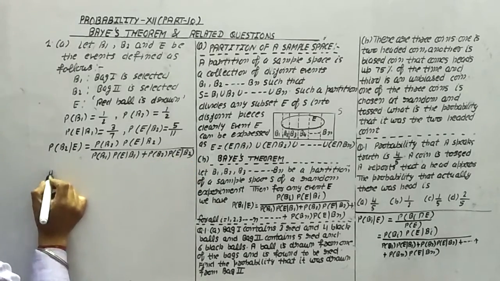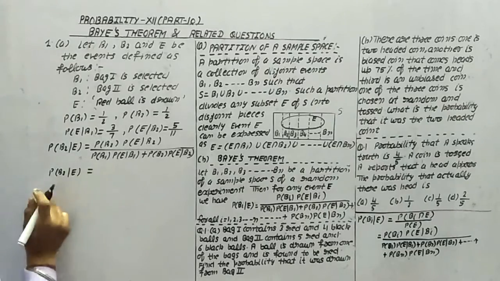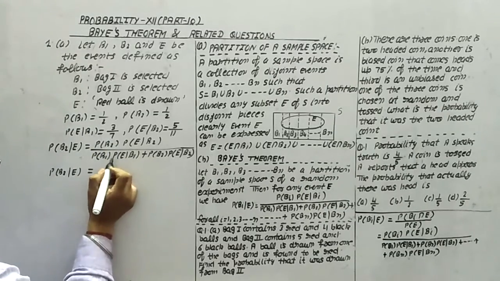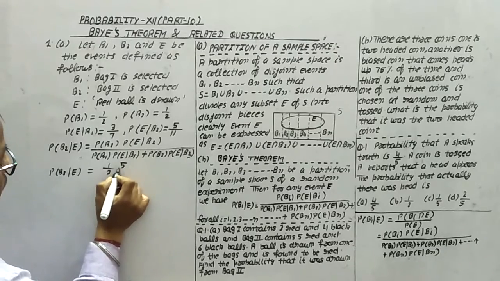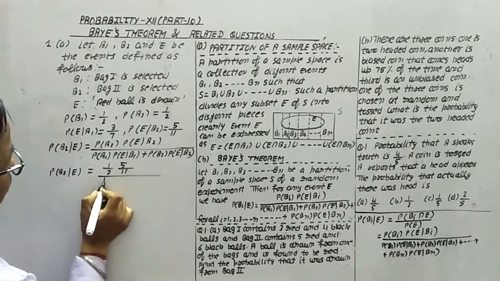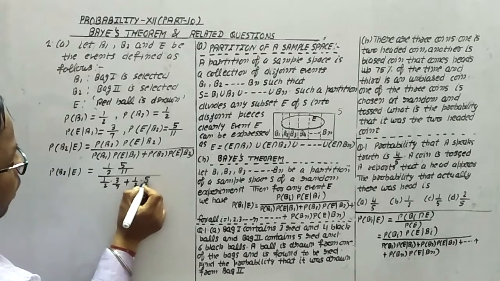Now substitute the values. Probability of B2 given E is equal to, look at this thing, probability of B2 is 1 upon 2, and E given B2 is 5 upon 11, upon 1 upon 2 into 3 upon 7, plus 1 upon 2 into 5 upon 11.